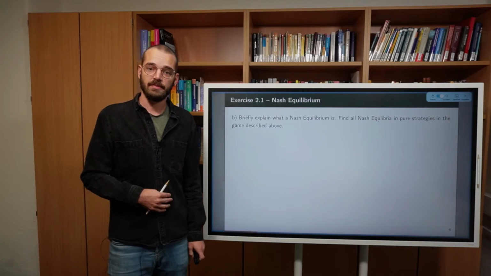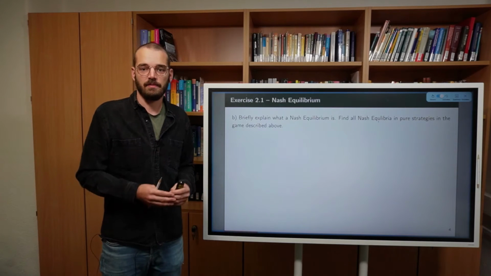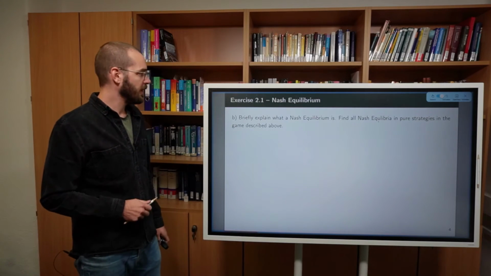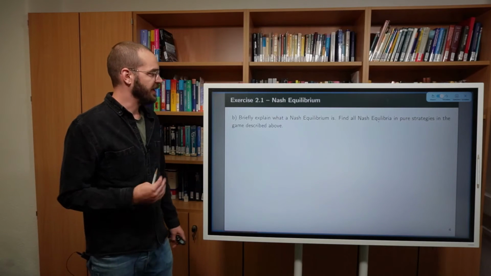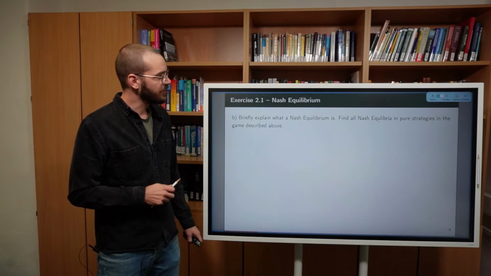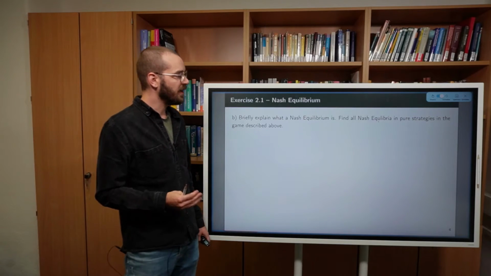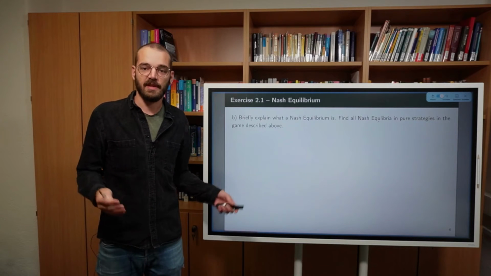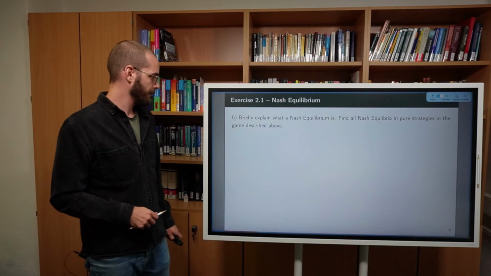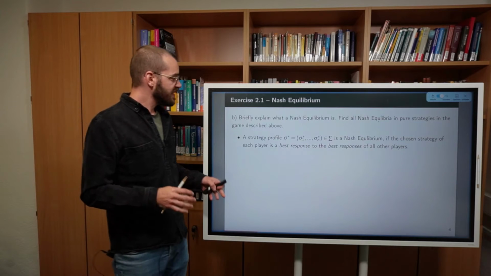Now that these terms are defined and understood, let's talk about the Nash equilibrium. We are asked to explain what the Nash equilibrium is, and then we are asked to find all Nash equilibria in pure strategies in the game that we have described before. So what is a Nash equilibrium?